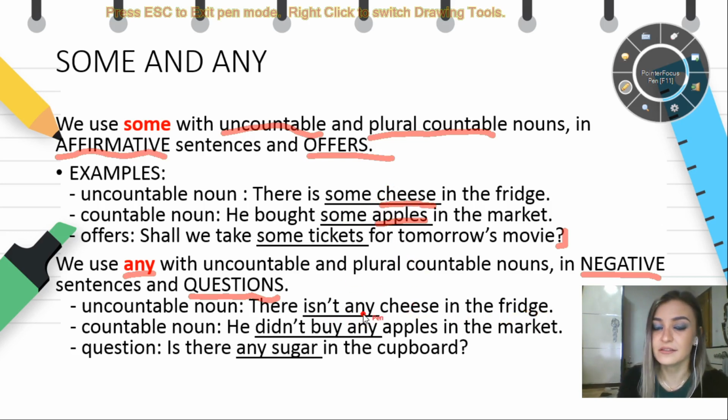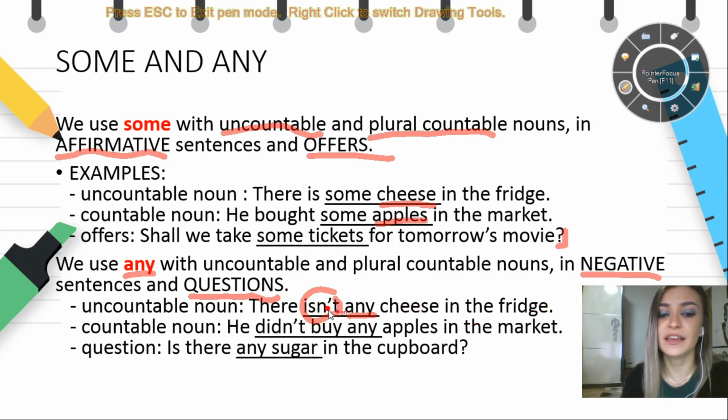There isn't any cheese in the fridge. This isn't is called a negation, and this makes the sentence a negative statement. That's why this sentence takes any and not some.